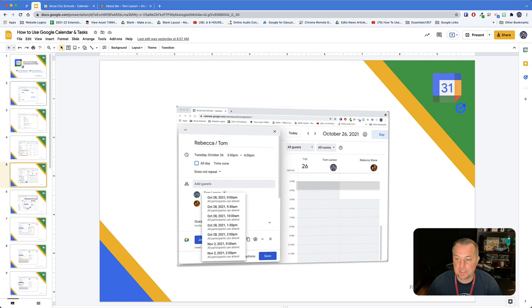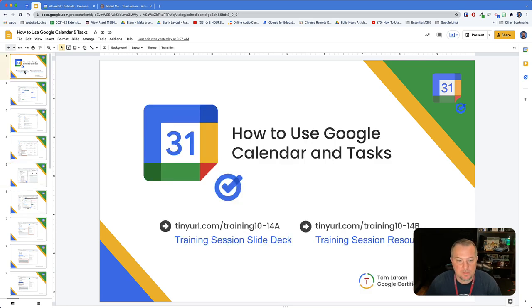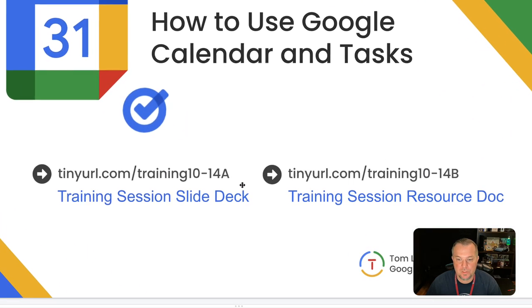On the slide, in the lower right hand corner, we have what it is that's referring to. Okay, so on the first slide you're going to find the URL for the resource doc, which is right here, tinyurl.com/training 10-14 capital B. Make sure those are all capitalized there.